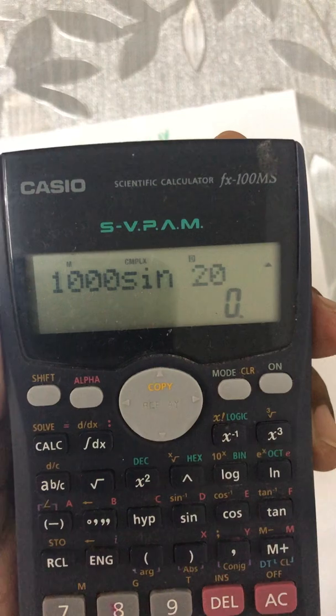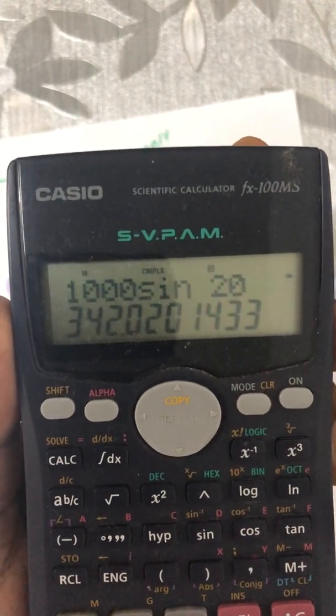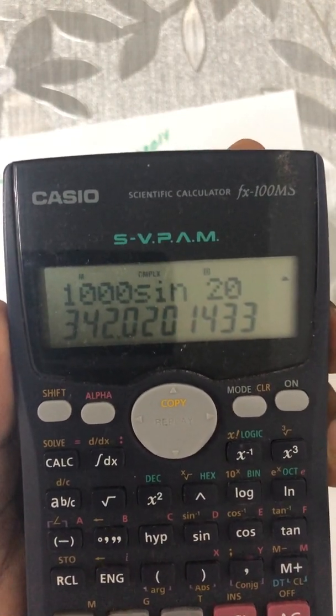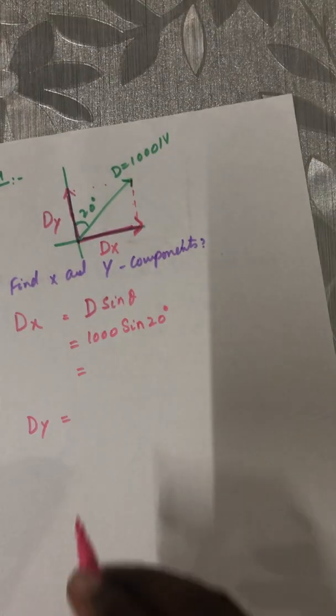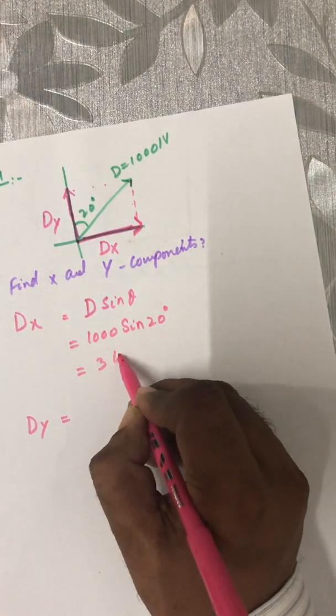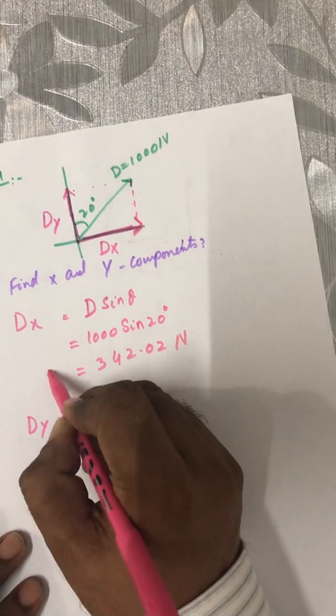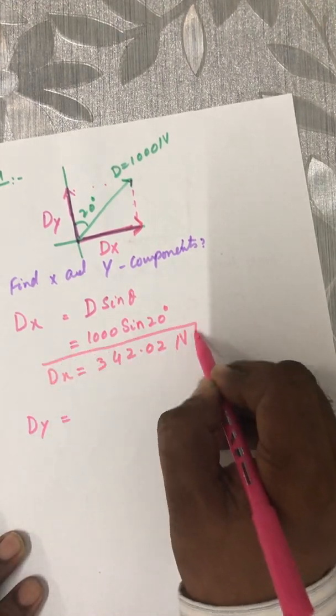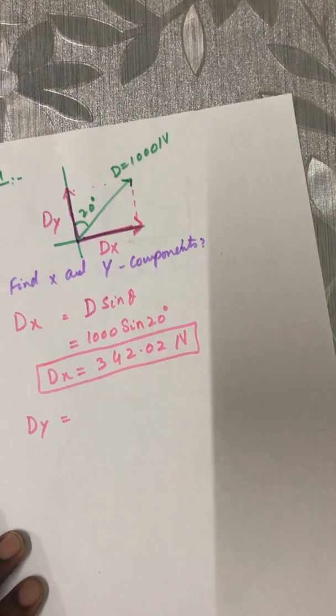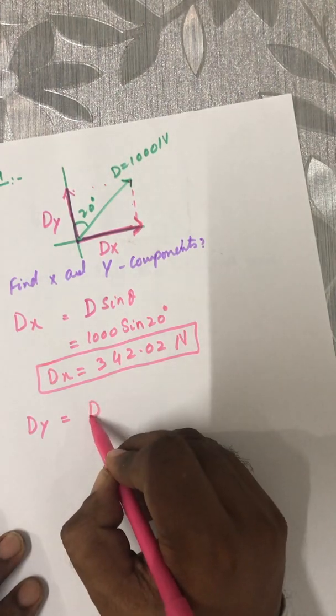What is the answer? 342.02. What is the unit? That is Newton. So this is the x component of vector D.